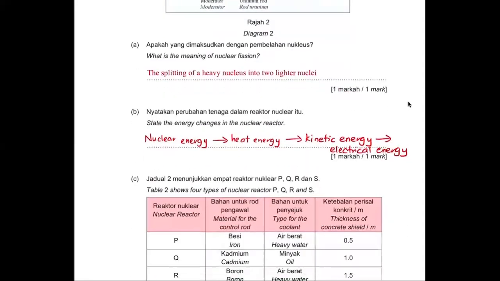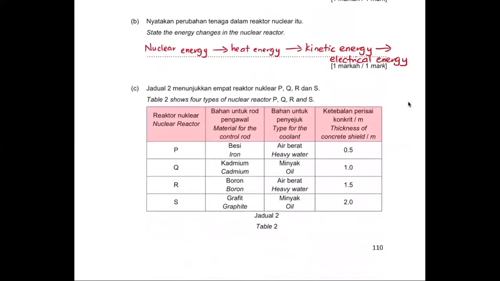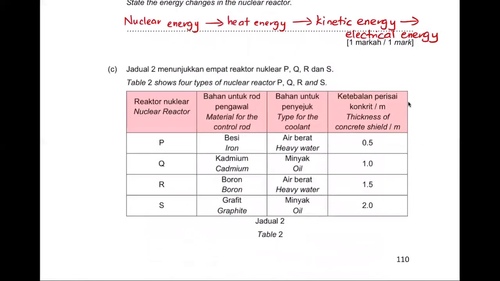All right. Next. So in table 2 shows 4 types of nuclear reactor, P, Q, R, and S. So again, there are three characteristics: material for the control rod, type of coolant, and the thickness of the concrete shield in meter.